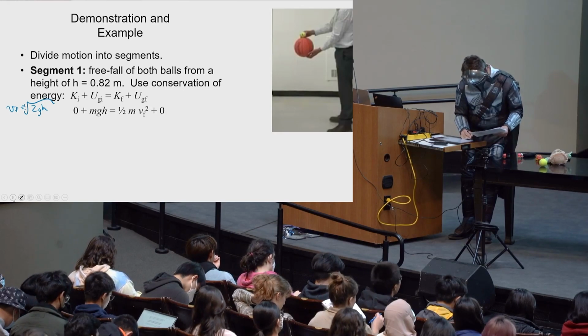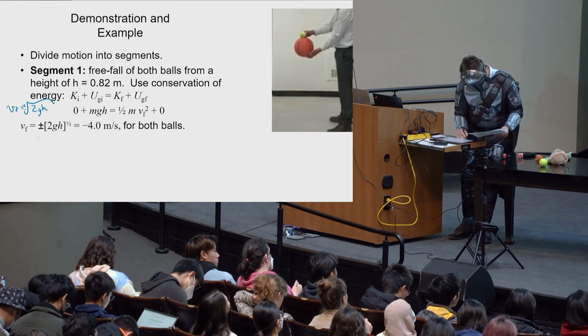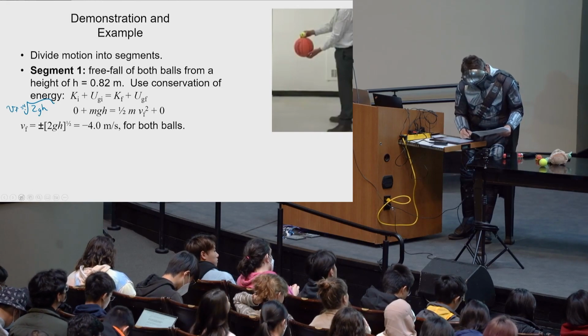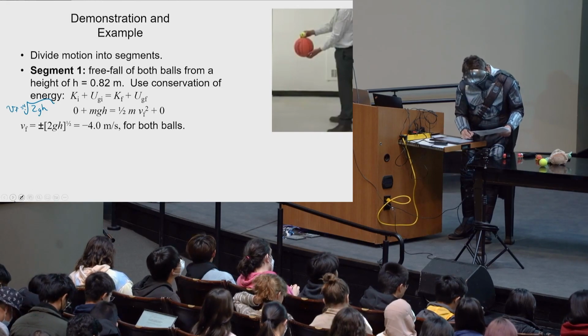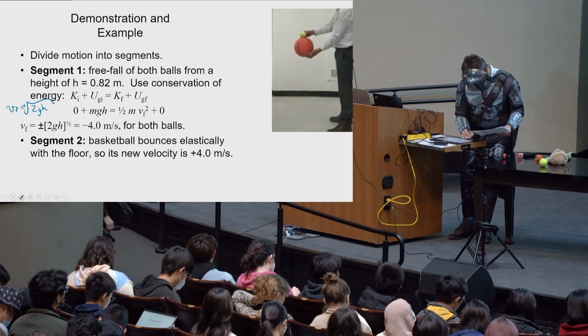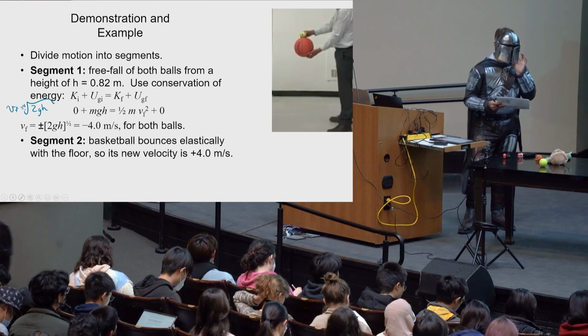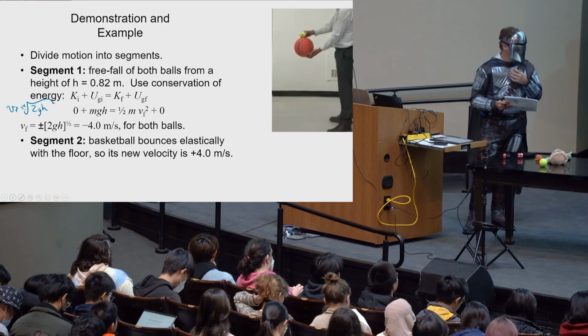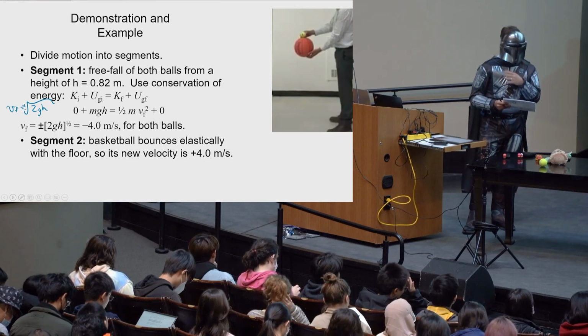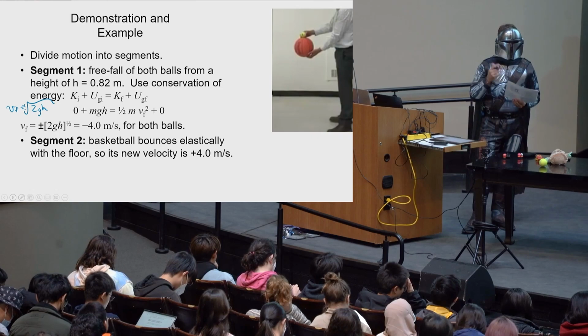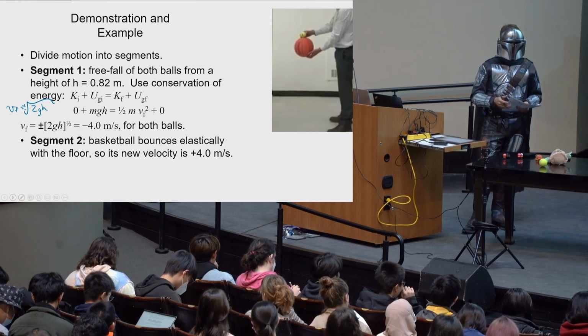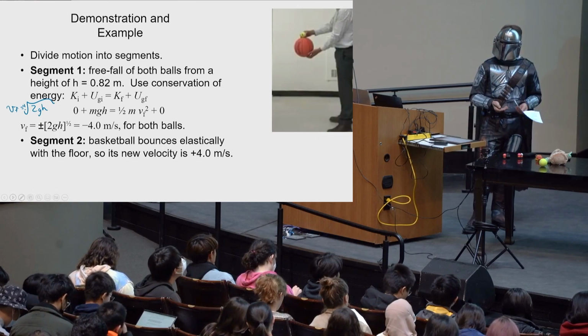Segment 1 gave us that the speed of both the balls just before they hit the ground is negative 4.0 meters per second. And then segment 2, that elastic bounce with the floor, just reverses the momentum of the basketball, but not changing its kinetic energy, so not changing its speed.